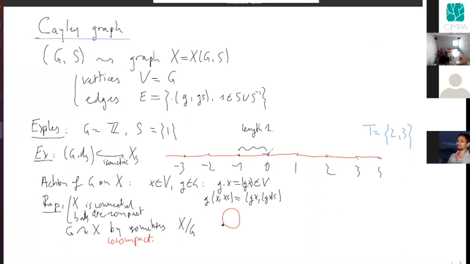Well, now, to what is 0 attached? It will be attached to 2 because I can add 2, to 3, to minus 2, and to minus 3.